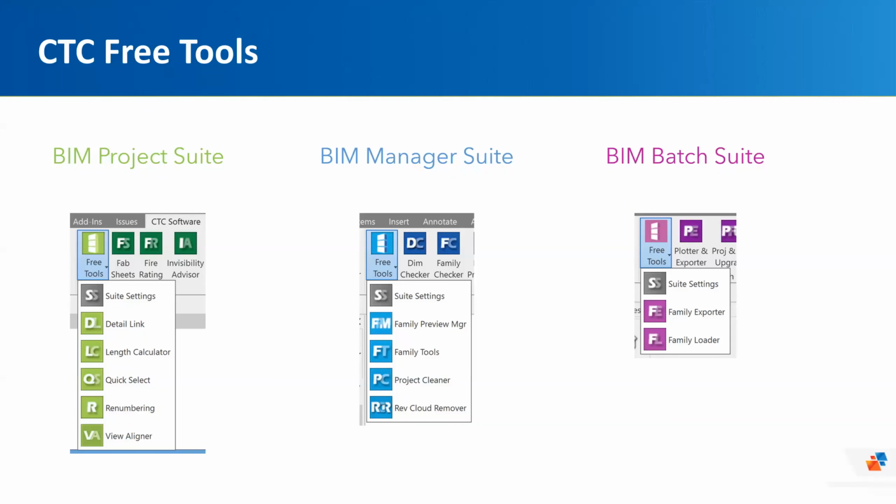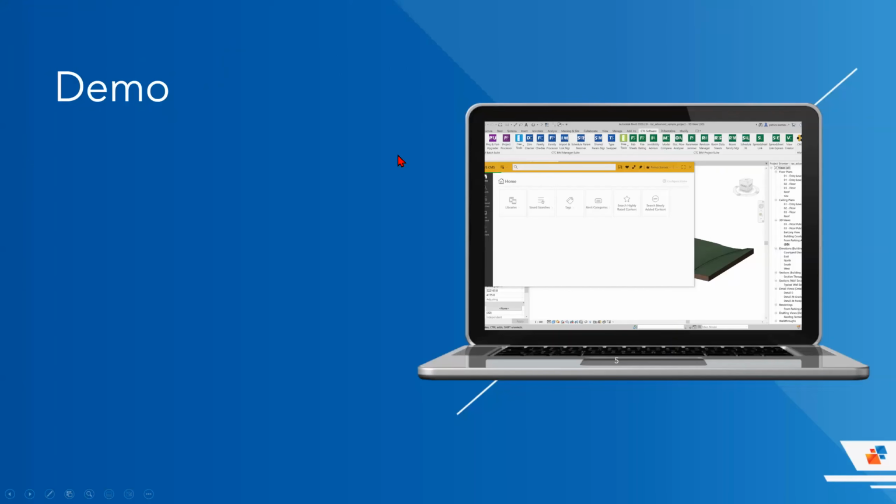The last one, the Bim Batch Suite, tasks everything together within the project. Here we can see an example of exporting mass families within a project and loading them back in. With that said, let's jump into a demo with a few of these tools.